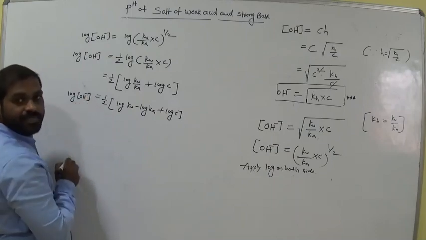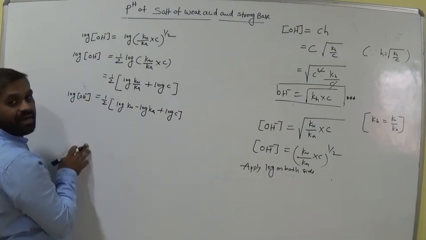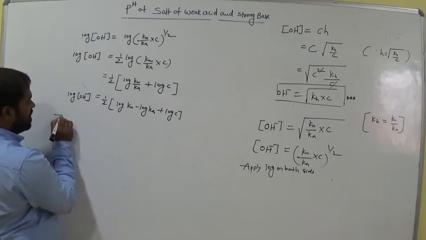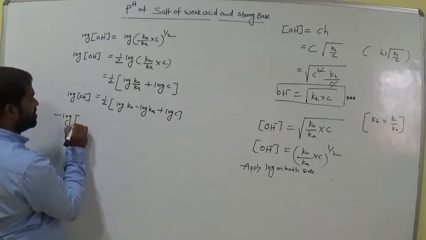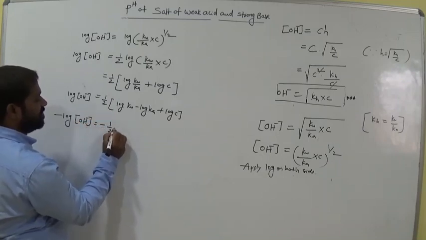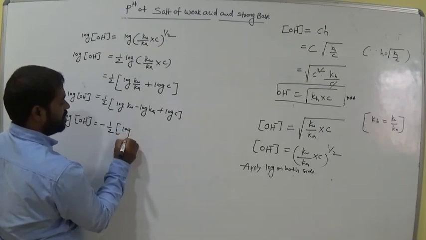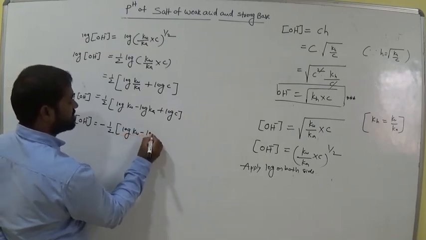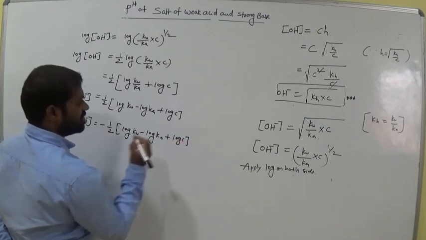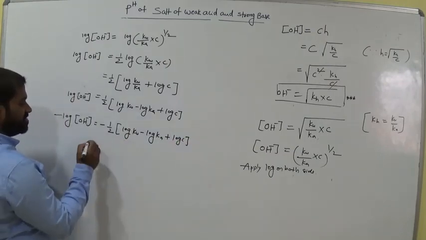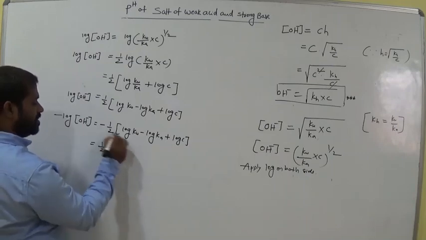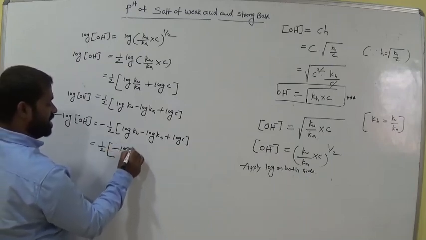Clear all of you? Now multiply by minus on both sides. Now it is minus log OH minus, am I right? Minus of log Kw minus log Ka plus log C. Now multiply with minus: minus log Kw.